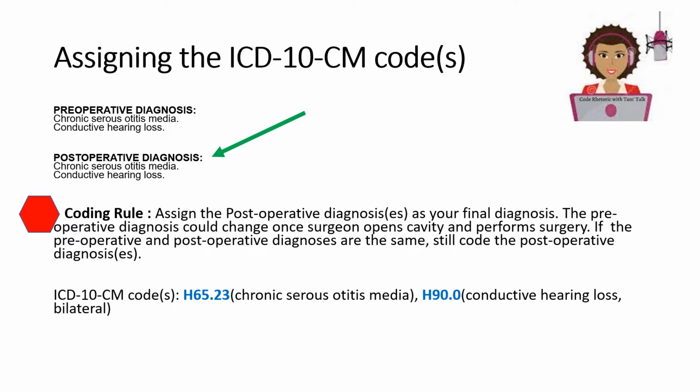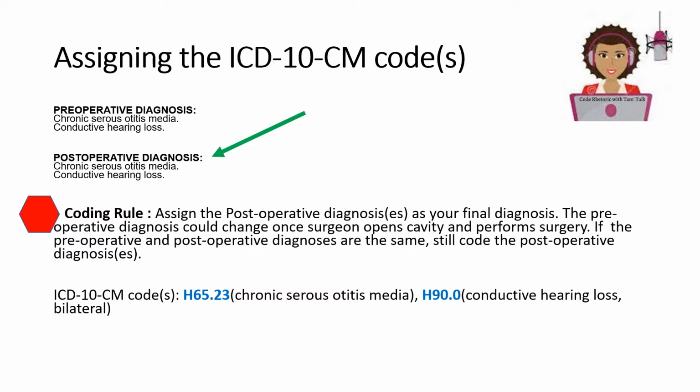So in the event that, let's say, one of those diagnosis codes is different, but the doctor still documents, or it is easily inferred throughout the operative report, that the patient still has that condition, you want to incorporate that into your postoperative diagnosis. But for the most part, you want to ensure that you are assigning your postoperative diagnosis to your cases. And the reason for this is, again, although the surgeon or provider knows or has somewhat of a diagnosis prior to going into the OR, things can change.